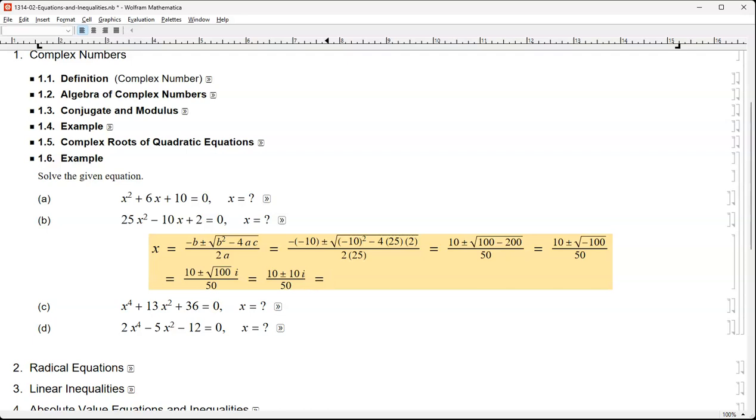And then dividing each by 10, we get 1 plus 1i over 5. Nobody writes 1i, so 1 plus or minus i over 5.